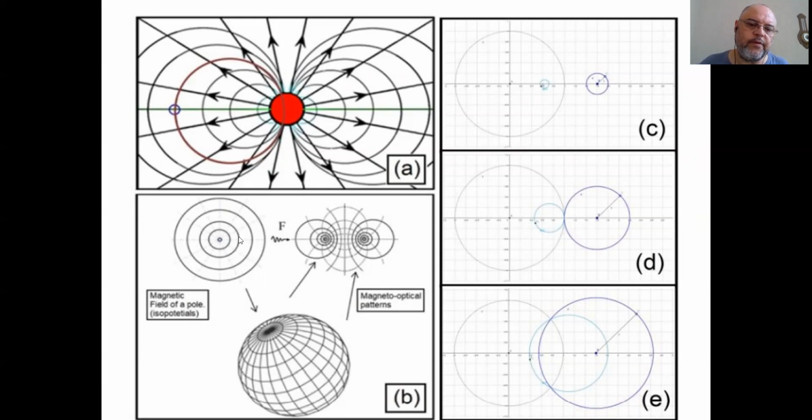So we have a transformation from the magnetic field by a function that creates the magnetic patterns in this system that is similar to the bipolar coordinates. And here you can see the transformation of this circle using Möbius transformation into this circle inside this region. So one circle is transformed into another circle by Möbius transformation.